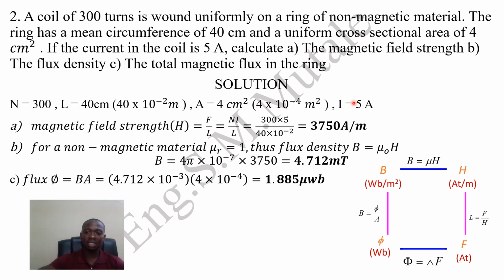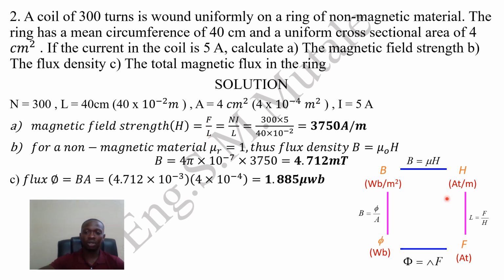So with that, the first one, they're saying we calculate the magnetic field strength, which is H. H comes from either this equation or that equation, so you check what you've been given. If we use this one, magnetic field strength is basically force divided by length.